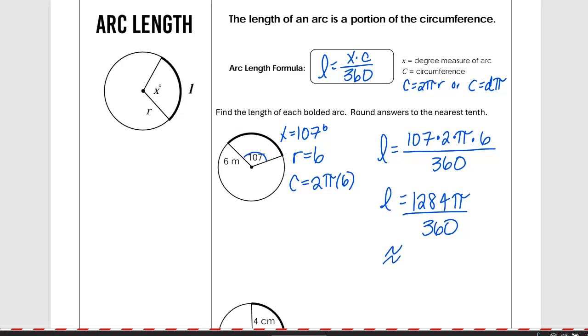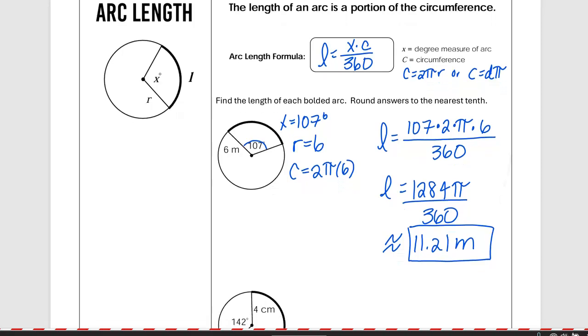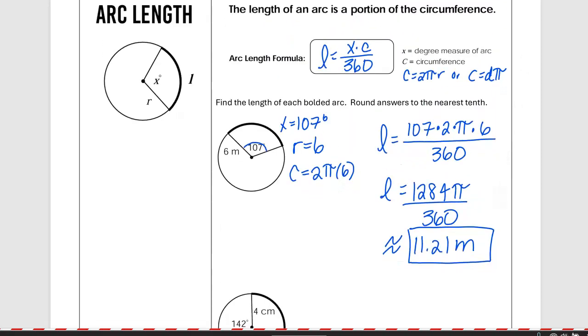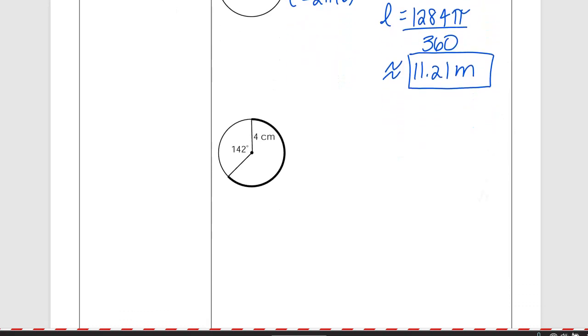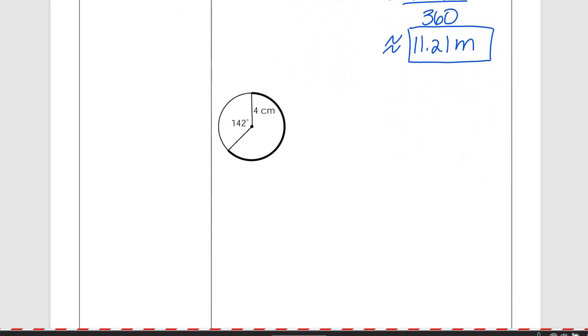And then this will give us 11.21. Our unit of measurement is meters. Do not forget your unit of measurement. I know it says rounded to the nearest tenth, and I did not. So it should be 11.2. Sorry.